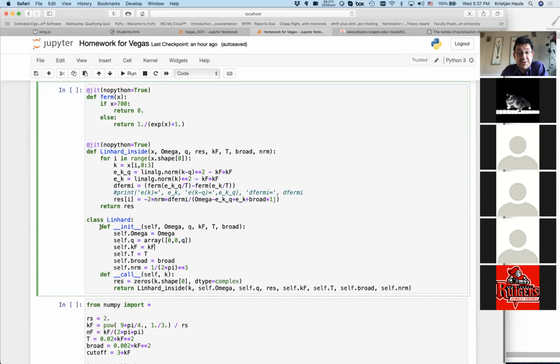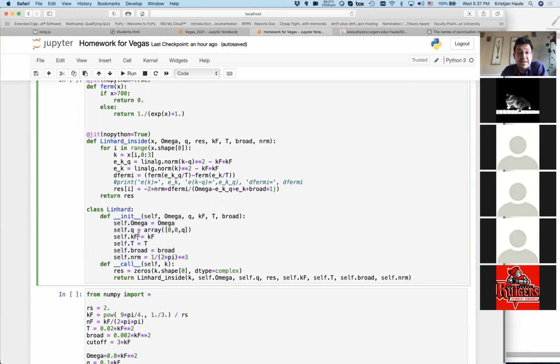This particular class, when it's initialized, is going to be given all these relevant quantities: frequency, Q, Fermi momentum, temperature, and broadening. This broadening here is this i delta, or basically delta, which is 2 × 10⁻³ kF square. kF is the Fermi momentum; temperature, frequency, and Q are constants. All these things are given to this class when we initialize it. The only purpose of this constructor is to remember these quantities.